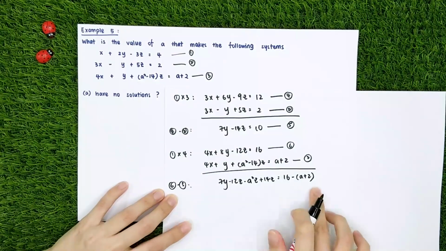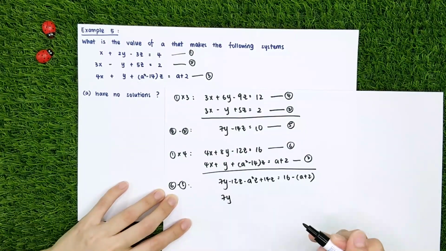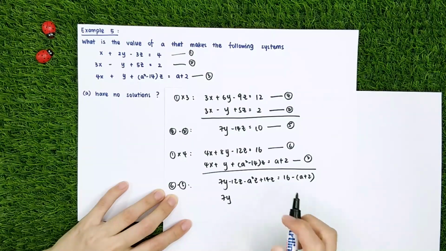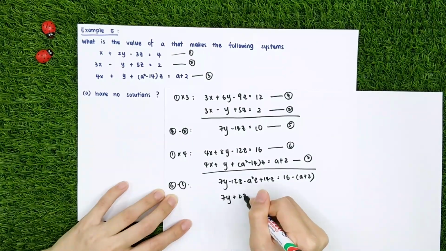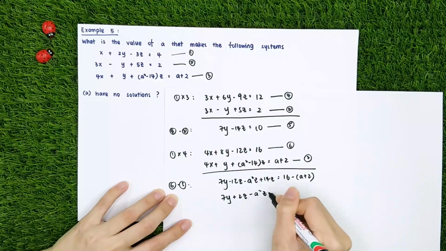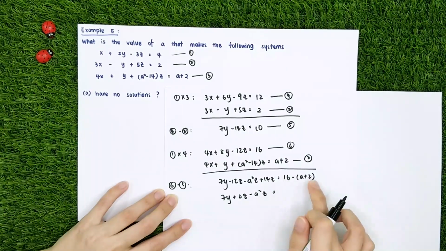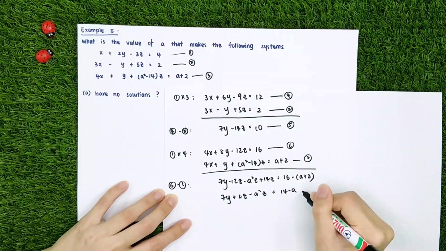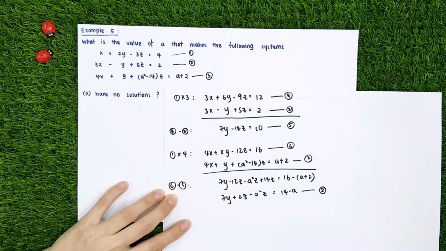I rearrange it. I will get 7y, minus 12z plus 14z, I will get 2z minus a squared z equals to 16 minus 2, I will get 14 minus a. This is my equation 8.